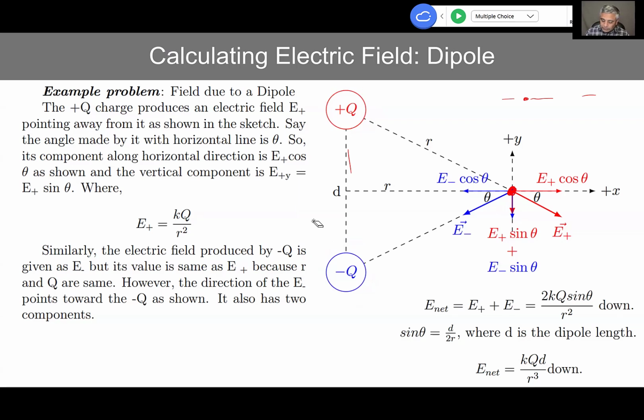Now, let's just look at the field due to the positive charge at this point first. Tune out everything, just one. Field due to this positive Q charge at this point, okay? The direction of the field is as if it is the force on a positive charge at that point.